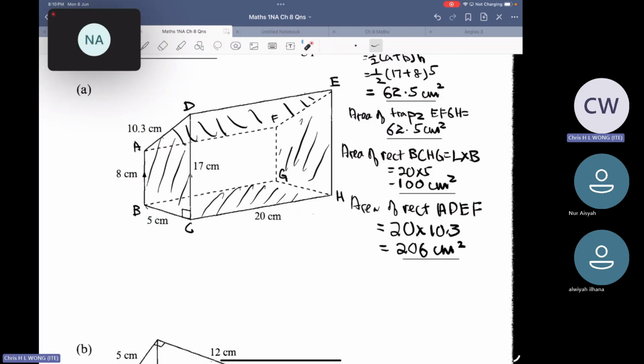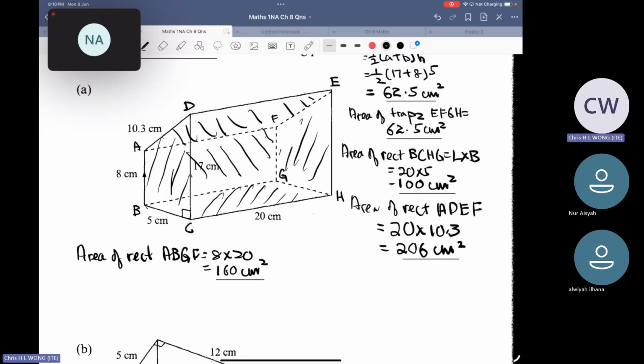No space already, so embarrassing. Area of rectangle ABGF is equals to, what's the dimension? 8 times 20, right? 8 times 20, 160 cm square. Underline, I need it. So this one done.